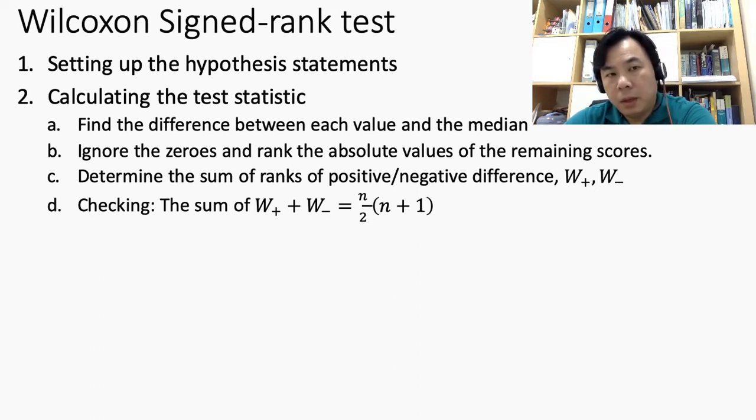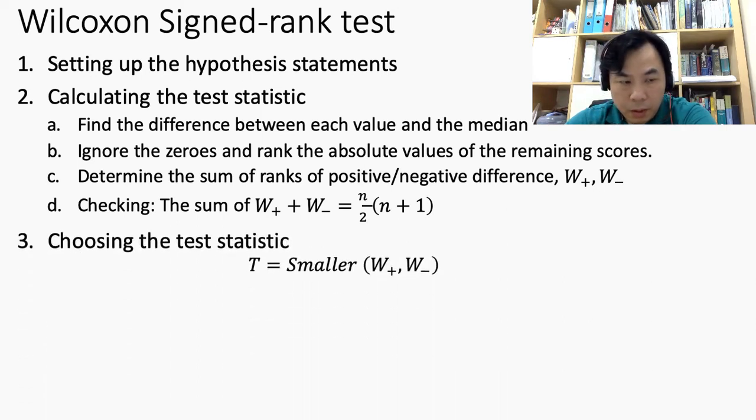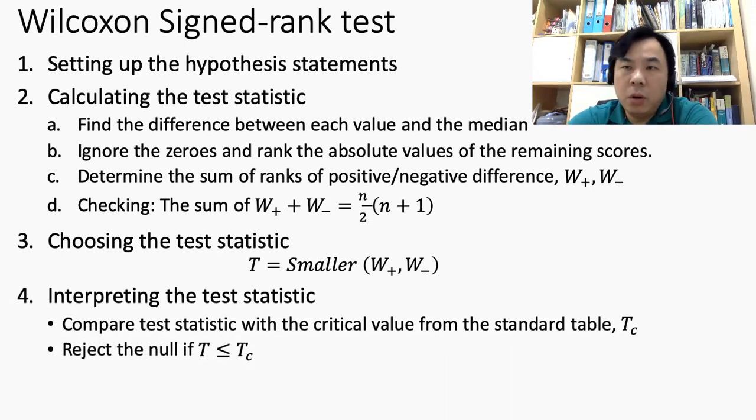Right. Now, third step will be to identify or choose the test statistic. Usually, that will be the smaller value between the sum of the positive ranks and the sum of the negative ranks. And then finally, step number 4, how do we interpret our test statistic?